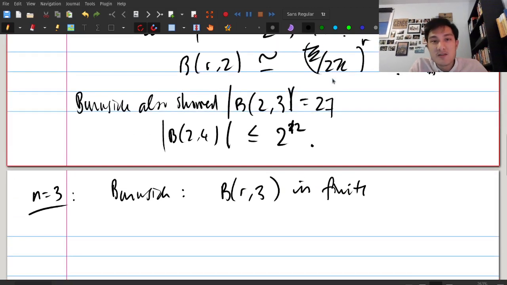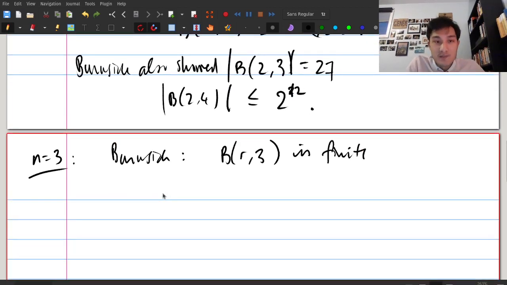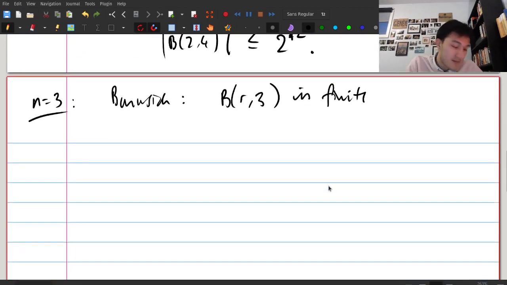By the way, these are special cases, and I already said we're going to do n equals 3 and n equals 4 further in the video. These are just preliminary examples that Burnside showed, but we're going sort of chronologically, and we're going to be able to prove n equals 3 and n equals 4 in full generality, just if you sit tight. So Burnside also showed that B(R,3) is finite.